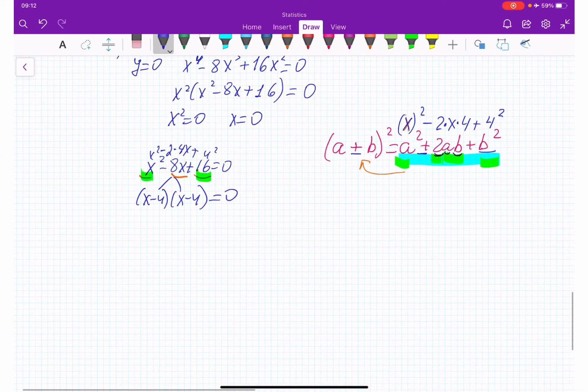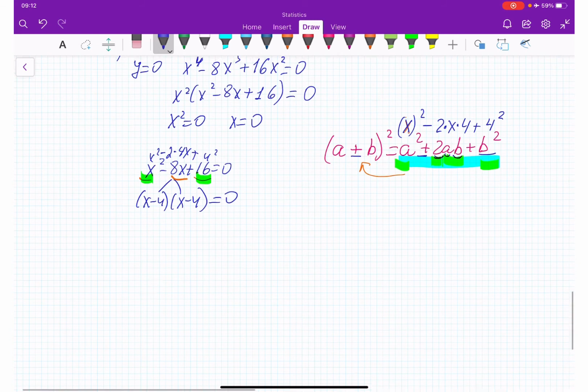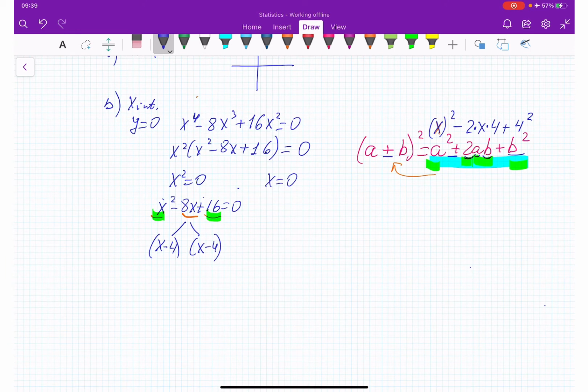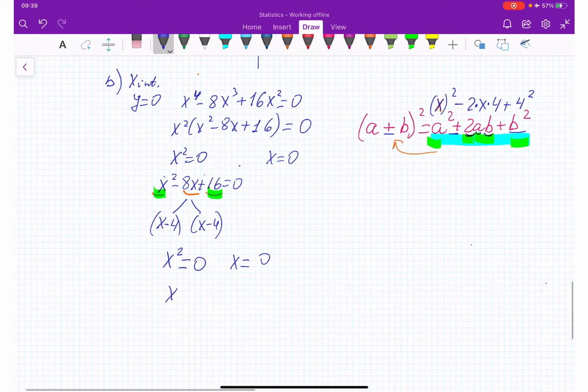So, which means x minus 4. Let me clean this from here. We take the mess away. And we come back to the previous position where we have x squared equals 0 and x is equal 0, and we have x minus 4 squared equals 0, right?